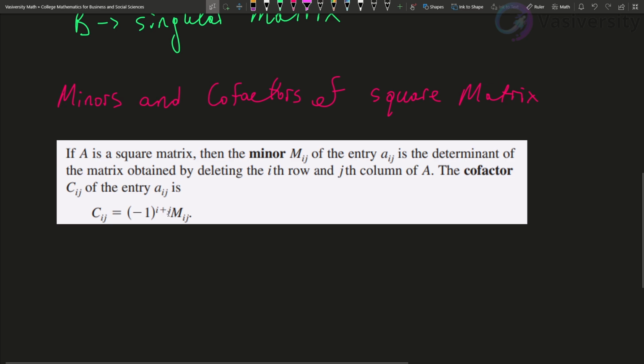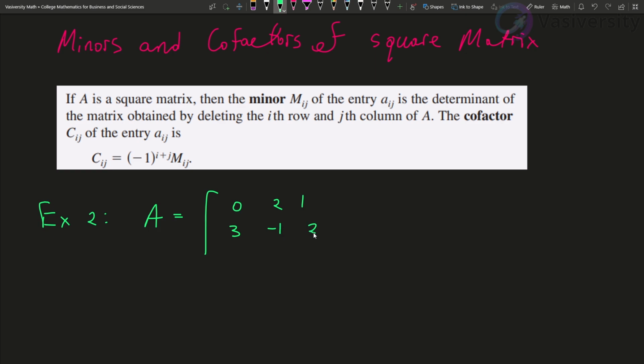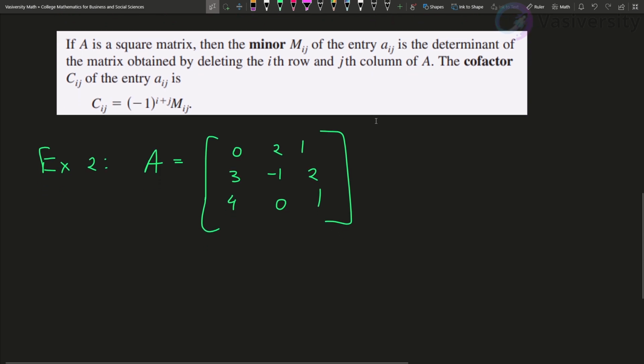Okay, let's take a look at an example. Example 2: we will have A equal to 0, 2, 1, 3, -1, 2, 4, 0, 1. Let's find minors for this matrix.